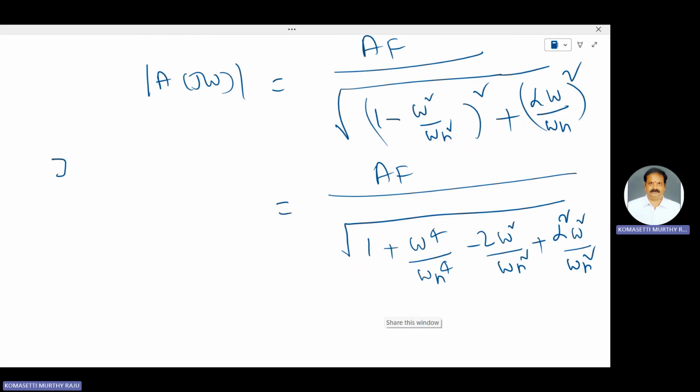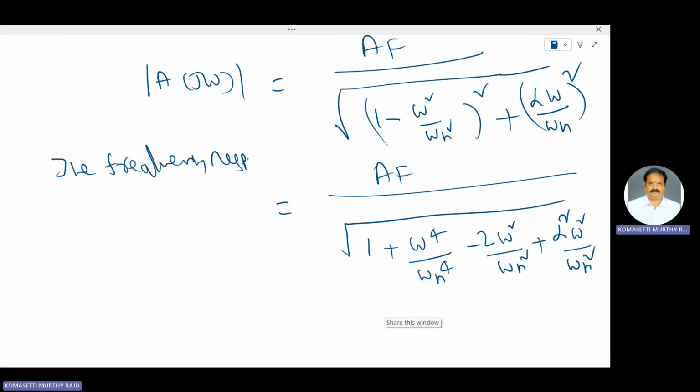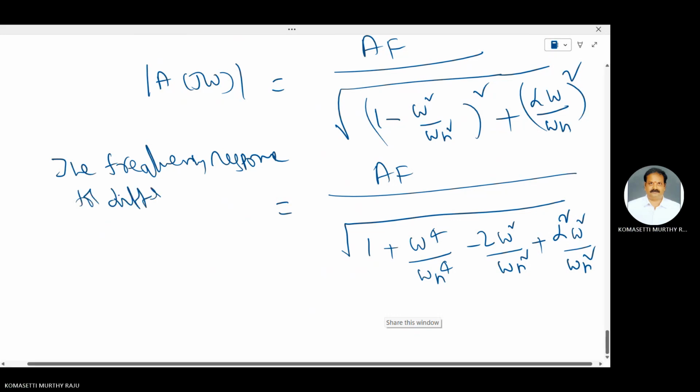Here alpha is there, and this is the frequency response for different values of alpha.